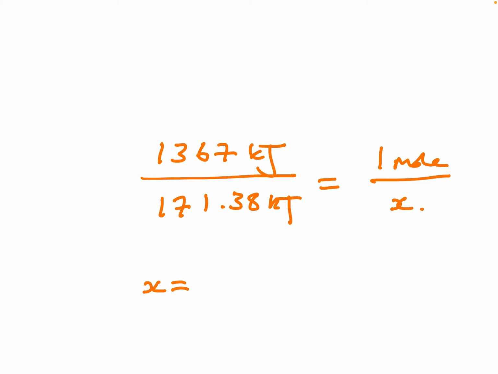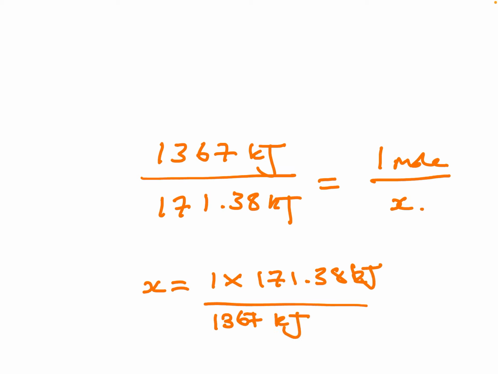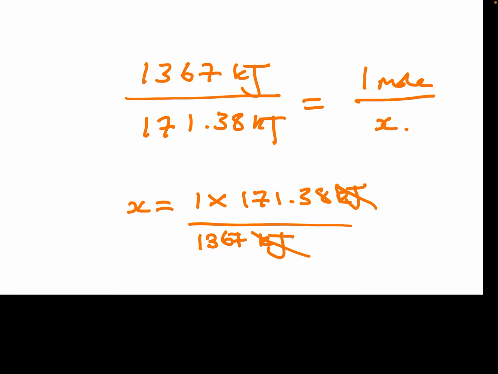Our x moles is going to be 1 times 171.38 divided by 1,367. And if you put those kilojoules in there, they actually cancel out anyway, and you're left with that mole. So you're going to have these numbers working out, and it will give you the same as what we've had before.